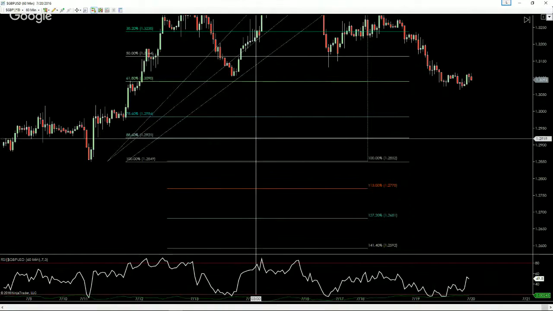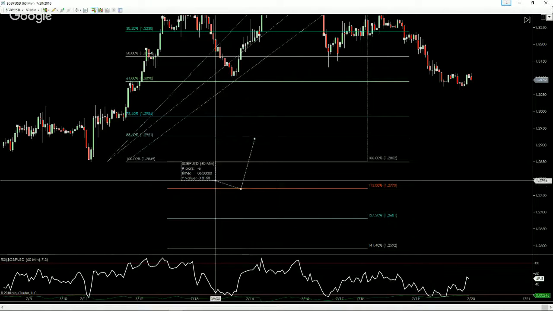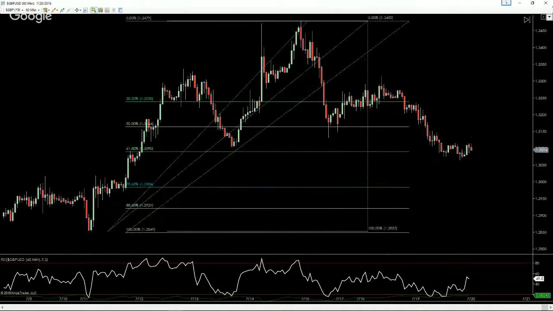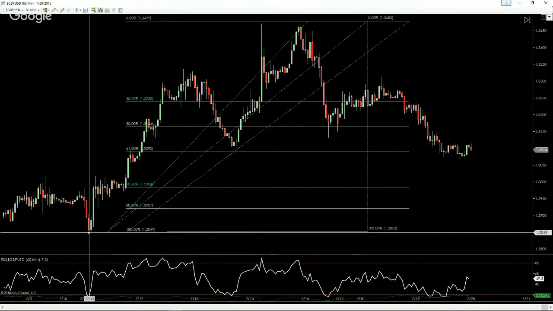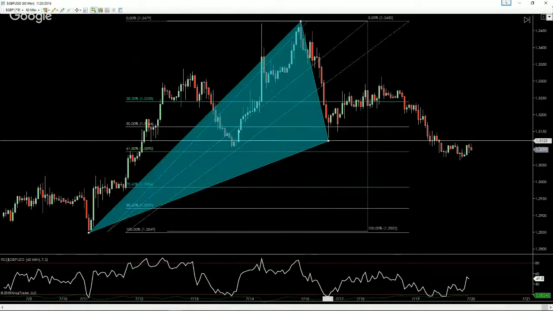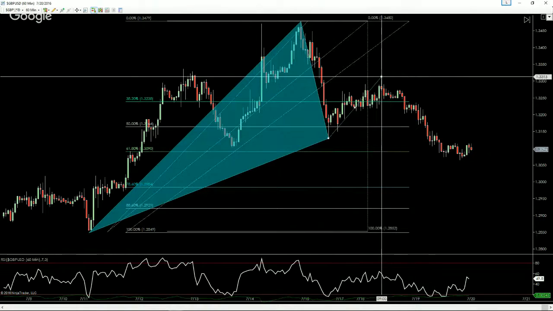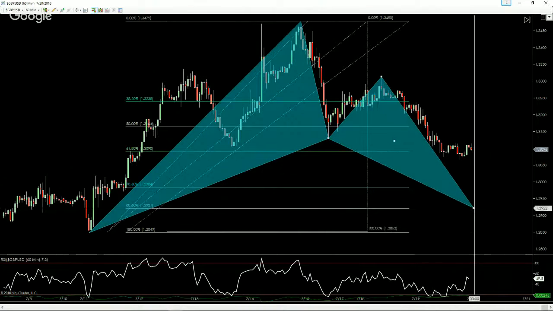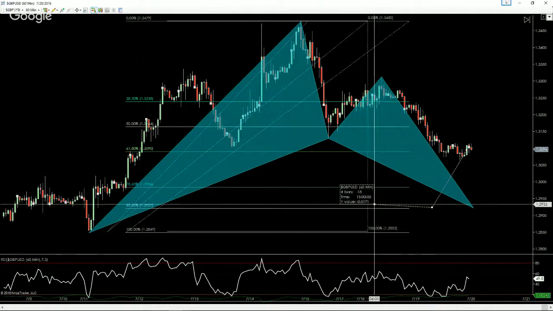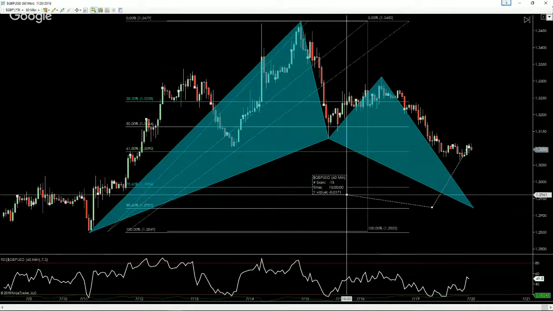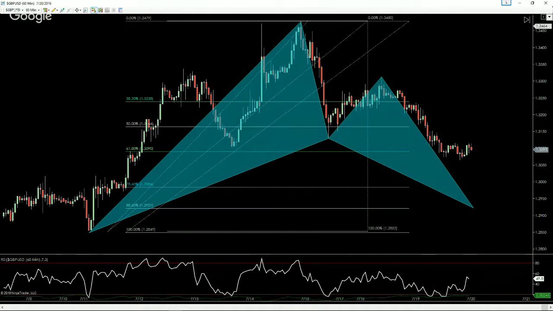However, about 150 pips of risk. So for those of you who are able or who want to tolerate that kind of risk, the 886 is our completion for this specific pattern. It's about still 171 pips till completion.